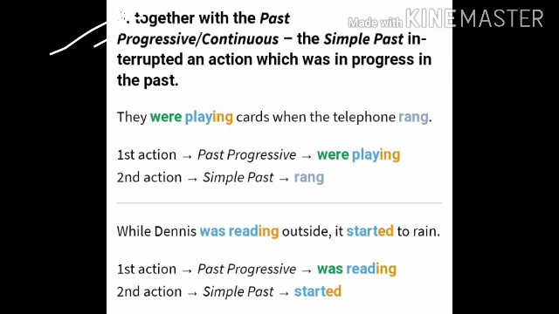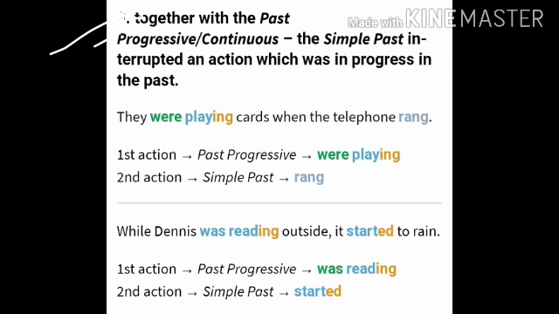So here you can see that we are talking about an interrupted action. Together with the past progressive or continuous tense, the simple past tense is used to talk about an interrupted action which was in progress in the past. So here you can see the first action, that means were playing, is expressed in past progressive or past continuous tense, and the second action, rang, is stated in simple past.